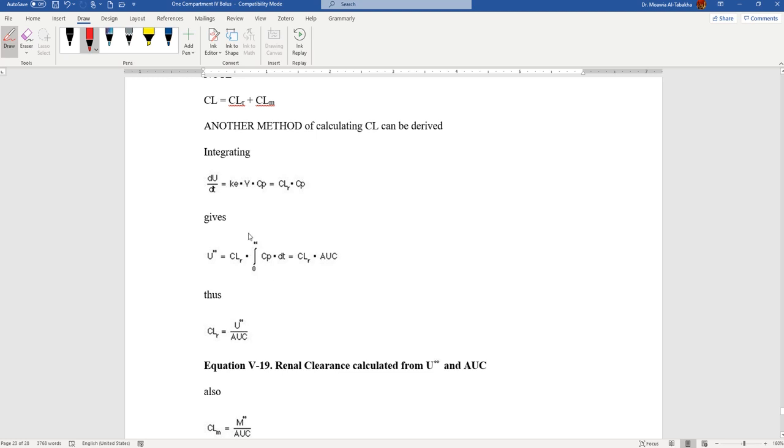Also, another way to calculate renal clearance, as you see it here: renal clearance is equal to how much drug gets eliminated in urine or by excretion divided by the area under the curve. This area under the curve we already talked about before.